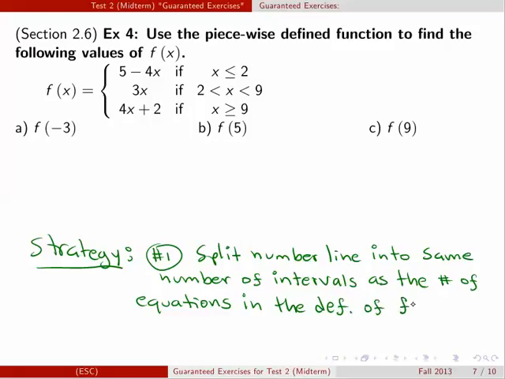So for this exercise 4, you can see that we have 3 equations, so we need 3 intervals.